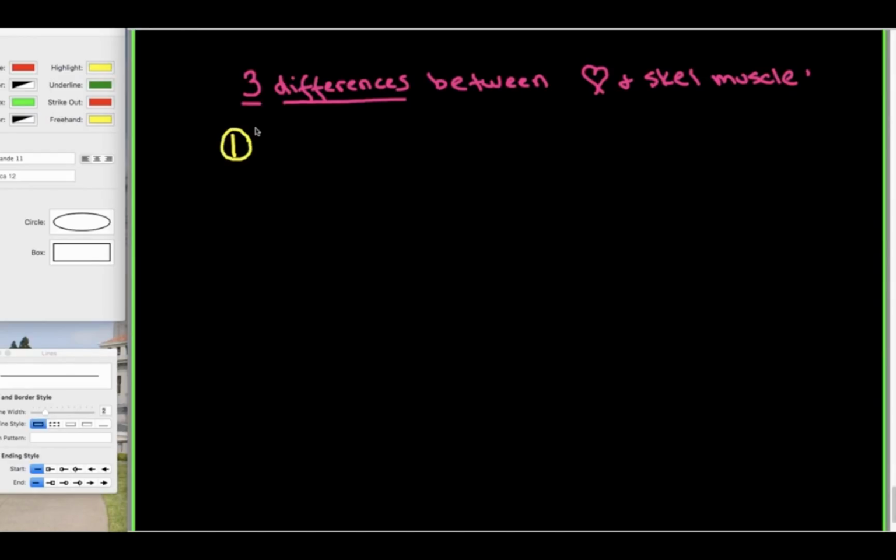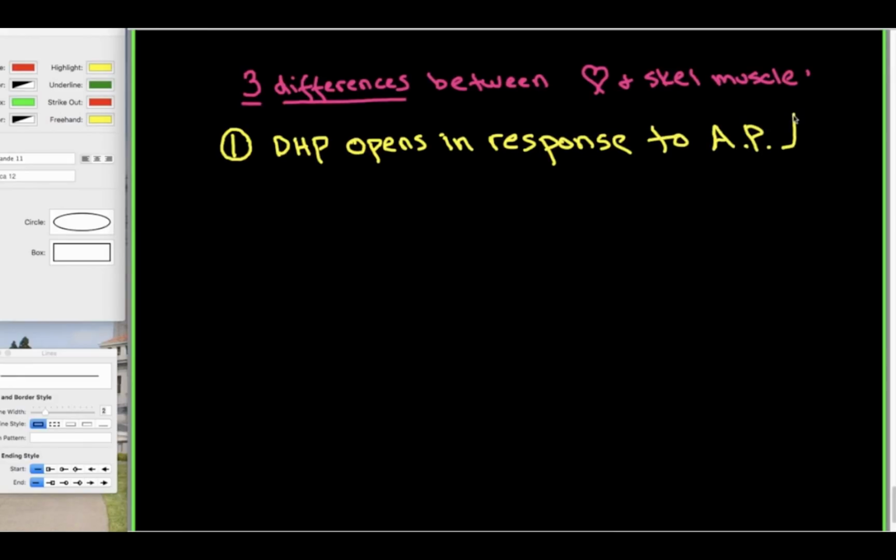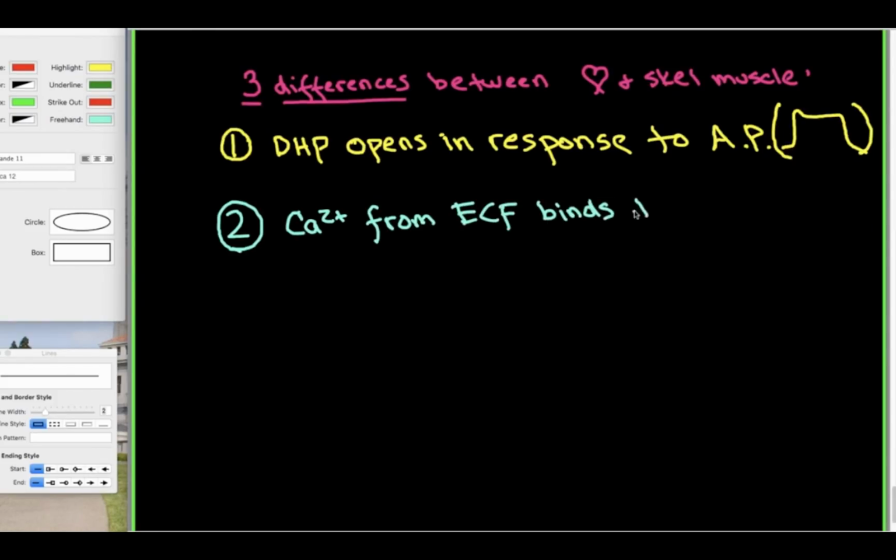The main one of the differences is that in cardiac muscle, DHP actually opens in response to the action potential. So in response to that action potential in contractile cells, DHP actually opens, and we're going to see that that lets in calcium. Calcium that comes in through DHP, so calcium that comes in from the ECF, is going to bind to and open RYR.